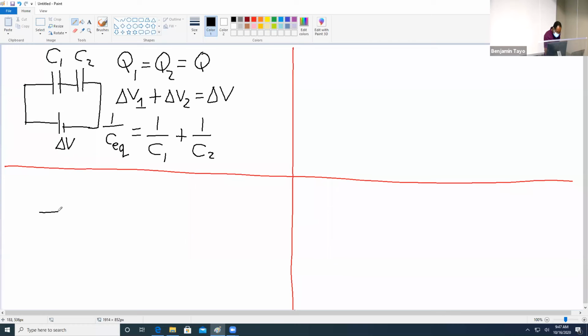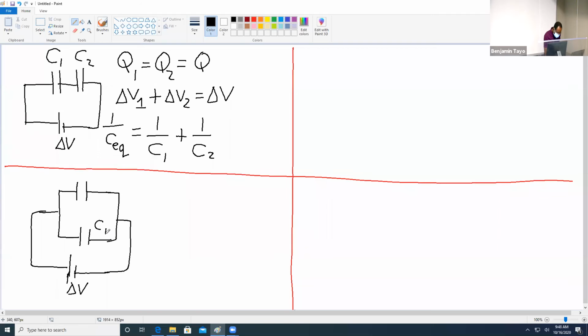Now, if I have two capacitors connected in parallel, again, this is my delta V, this is my C1, this is my C2.